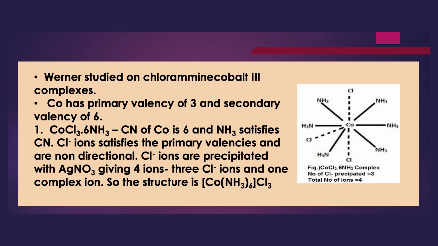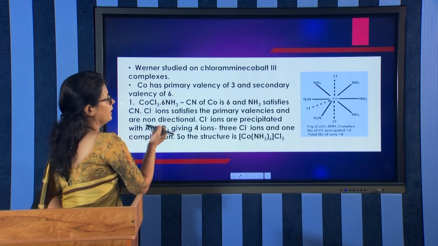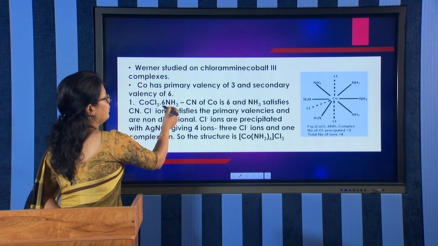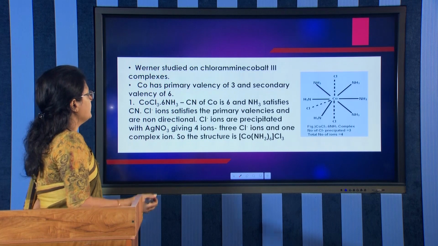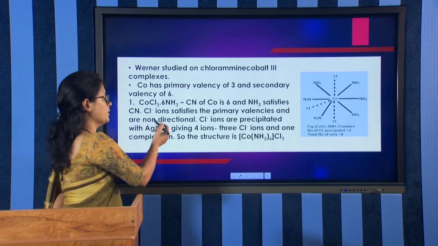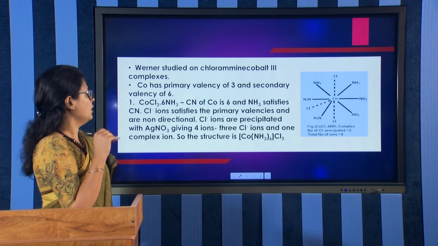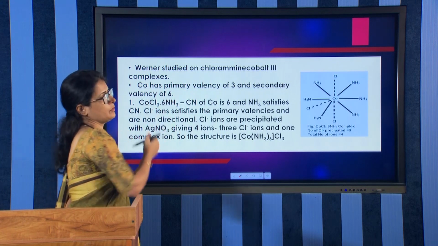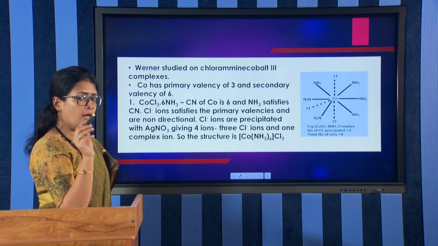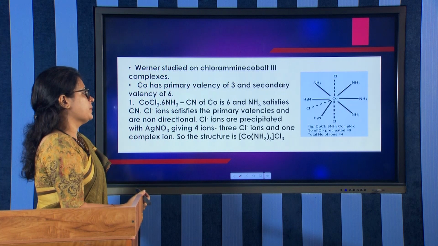You can see that 6 ammonia molecules are there. These 6 ammonia molecules satisfy the coordination number of this complex, and the chloride ions, Cl minus, satisfy the primary valency, and they are non-directional also. The ammonia molecules satisfy the secondary valency, and they are directional. And how many chloride ions are precipitated?